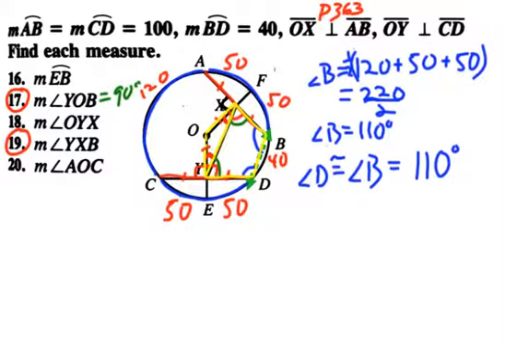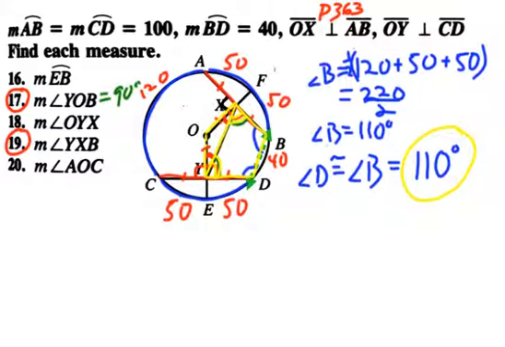So if you can follow all of that, we now know that these two angles are congruent to each other, and we know that they must be supplementary to the larger angles B and D that we just found, because we have an isosceles trapezoid. All right, so we have enough information, so let's solve this.